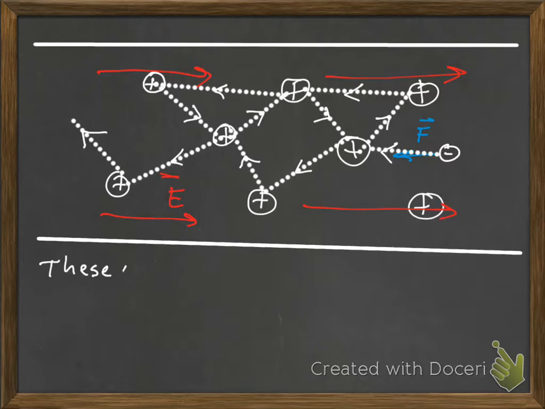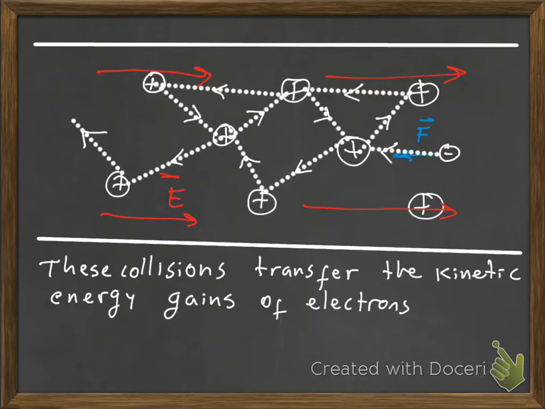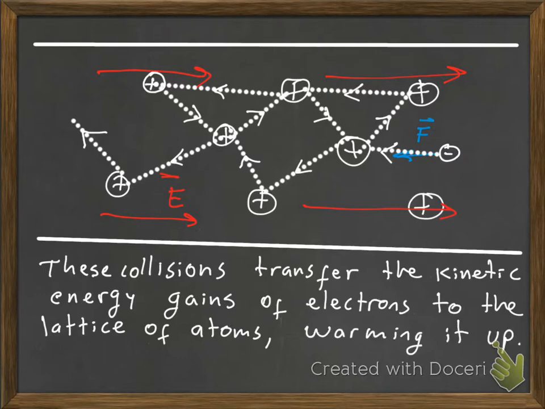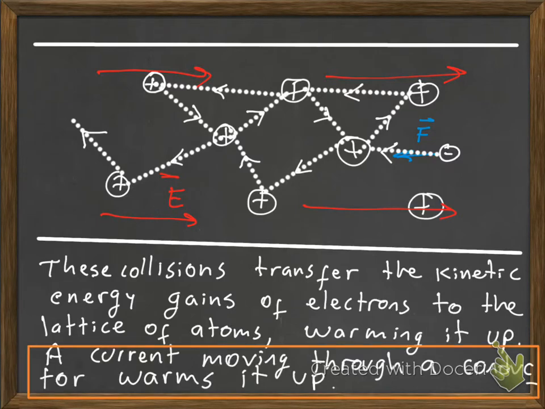So, as we said, these collisions transfer kinetic energy that the electrons are gaining from the electric field to the lattice of atoms that make up the wire. So that means that the wire is going to warm up as the electrons move through the wire. In general, you can say that a current moving through a conductor will always warm up the conductor.